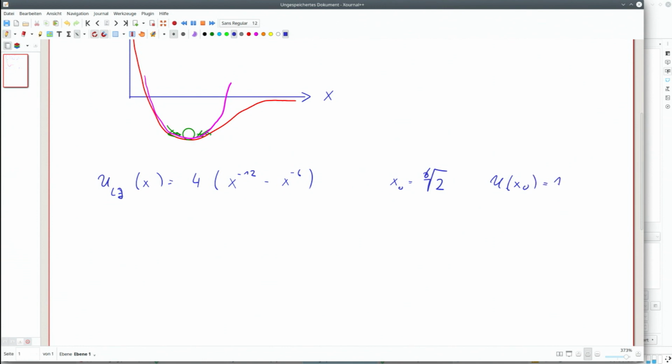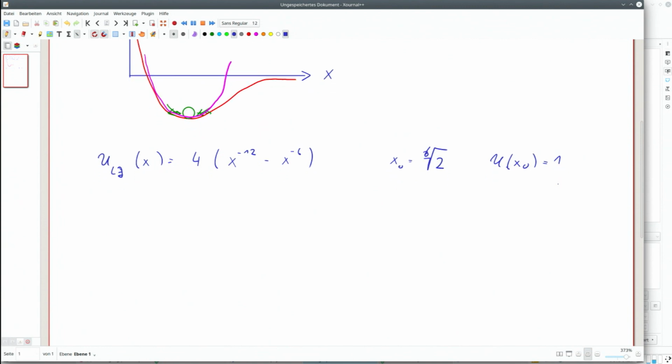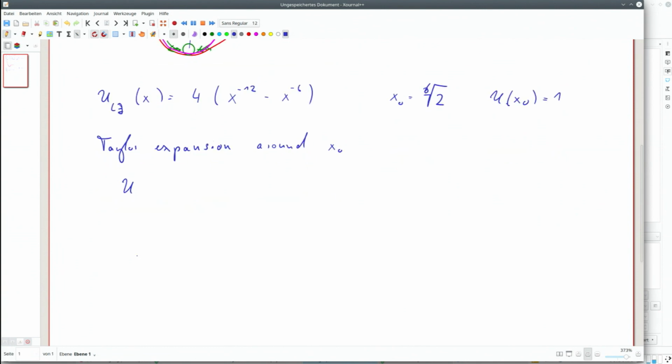And now what you can do is a Taylor expansion at the position x0, and this can be done for any potential.